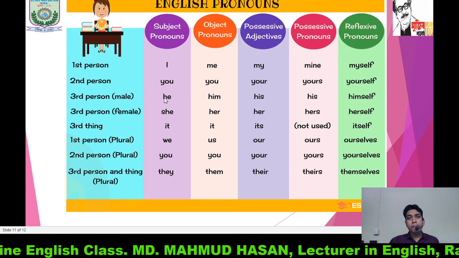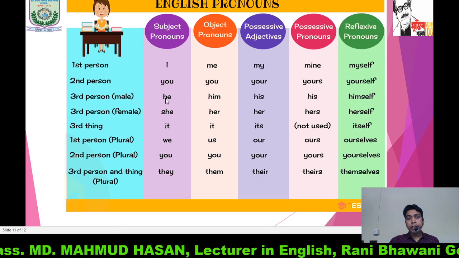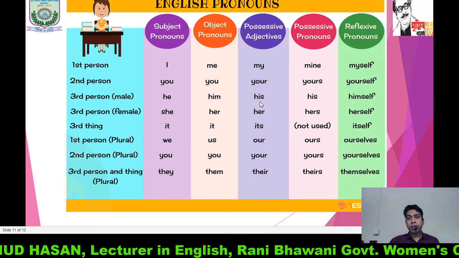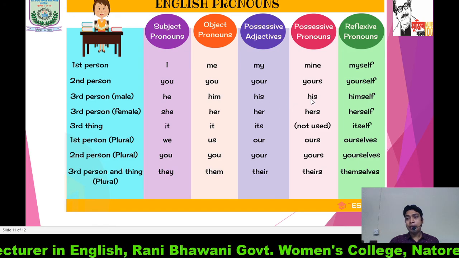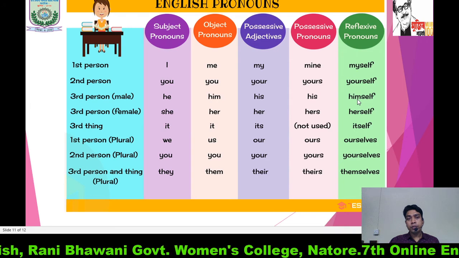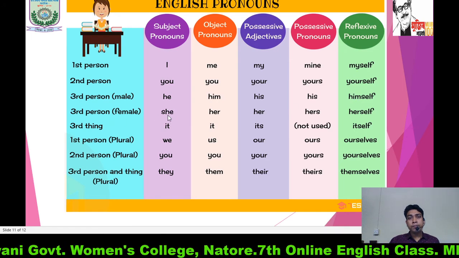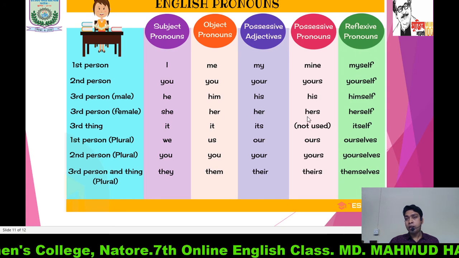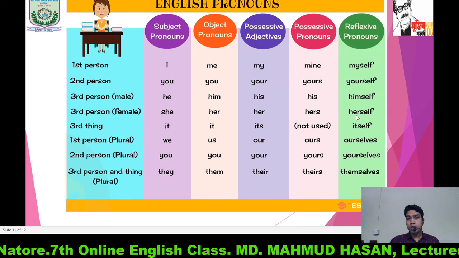Third person subjective case he, objective case him, possessive adjective his, possessive pronoun his, and reflexive pronoun himself. Third person female she, objective form her, possessive adjective her, possessive pronoun hers, reflexive pronoun herself.